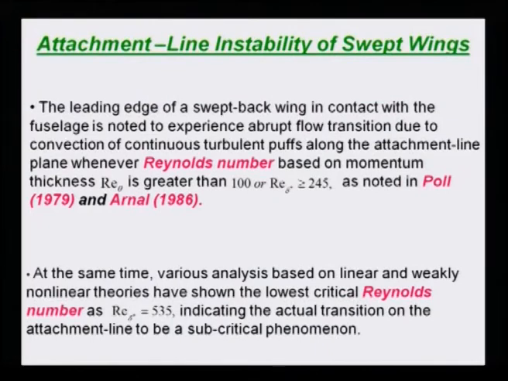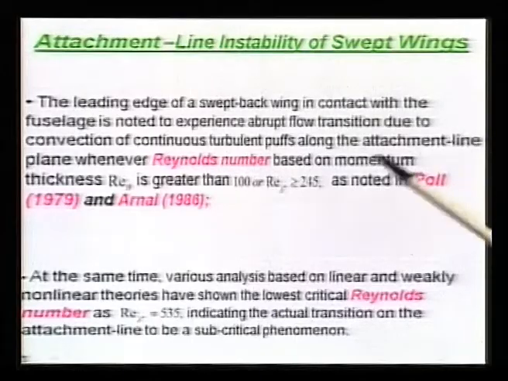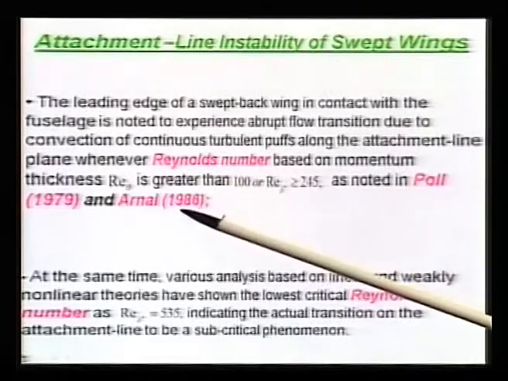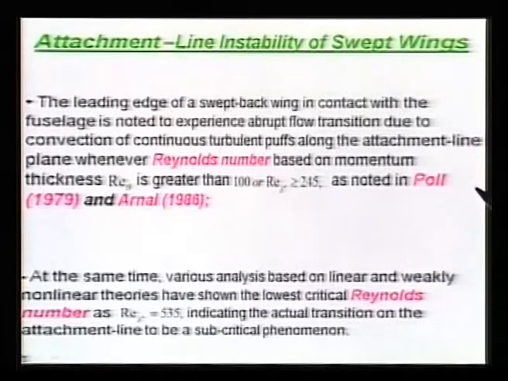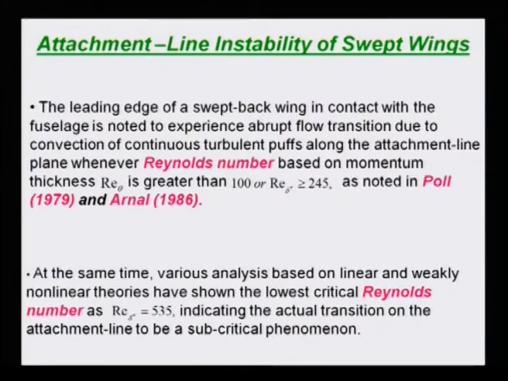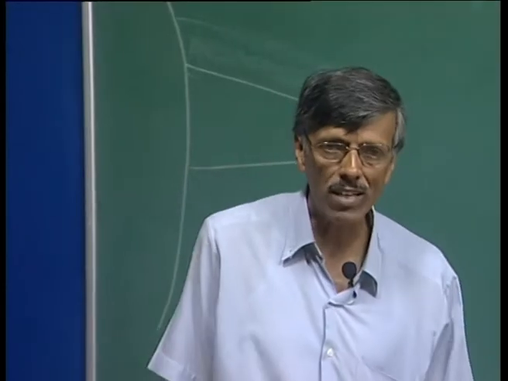When you look at the leading edge of a swept back wing in contact with the fuselage, you notice that there is abrupt flow transition, and this was later studied variously by Ian Paul and Arnold, who noted that this abrupt flow transition is due to convection of continuous turbulent puff along the attachment line plane whenever Reynolds number based on momentum thickness, that we call Re theta, is greater than 100, which is equivalent to Re delta star of greater than 245. Okay. These are essentially experimental observations.